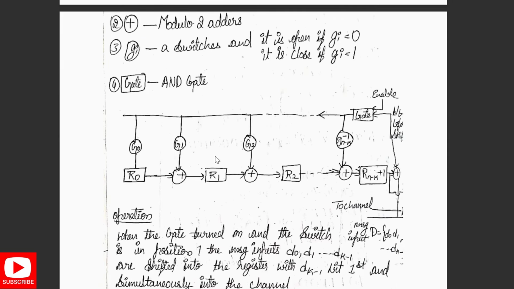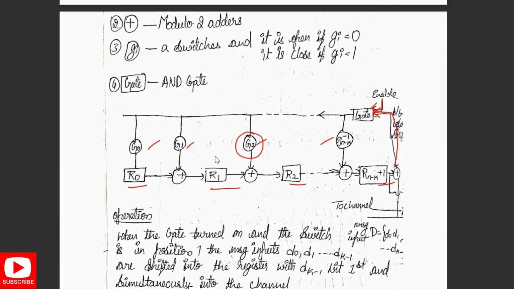So how do you design it: we place the number of shift registers that is required first. After that, we provide the output to the channel, and then we set one gate here and we enable it. So this gate, along with the number of G0, G1, G2 and Gn minus 1, however many are needed, are added.